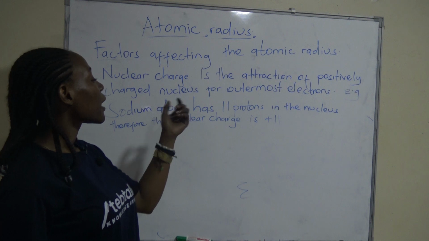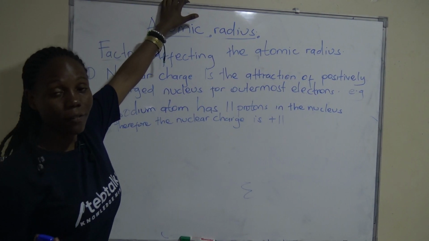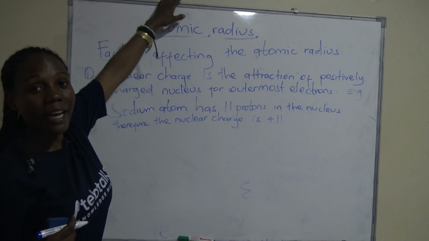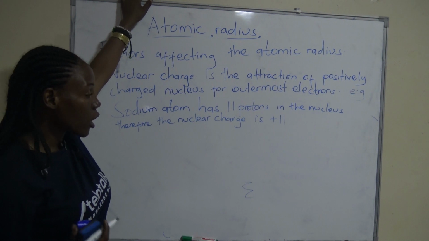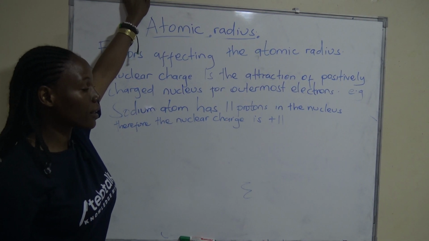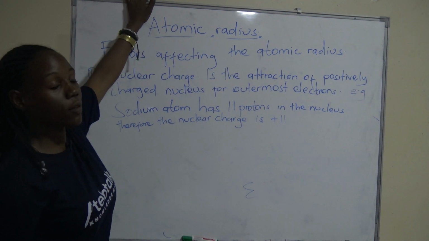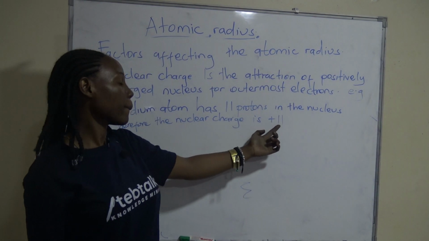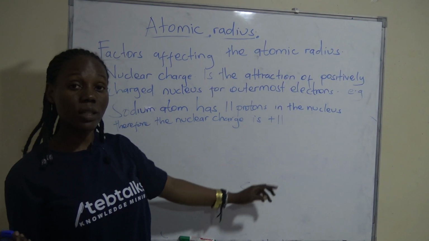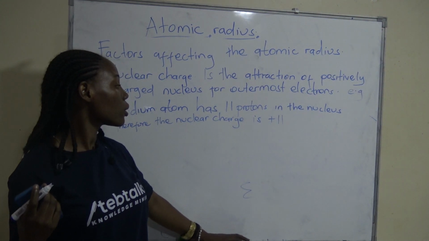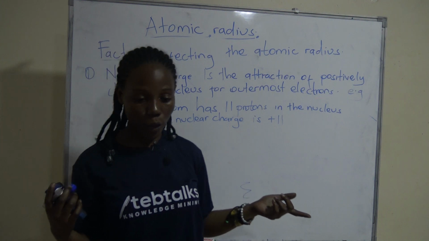Because the nucleus of the sodium atom has 11 protons, to balance with the 11 electrons that sodium has. Since the 11 electrons are negative, we need a positive number. That is why the nuclear charge is positive, such that the overall sodium atom will be neutral.